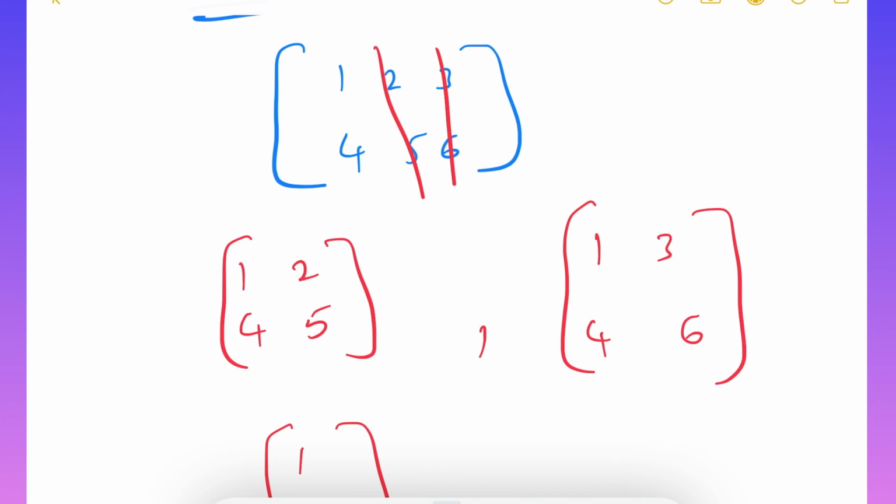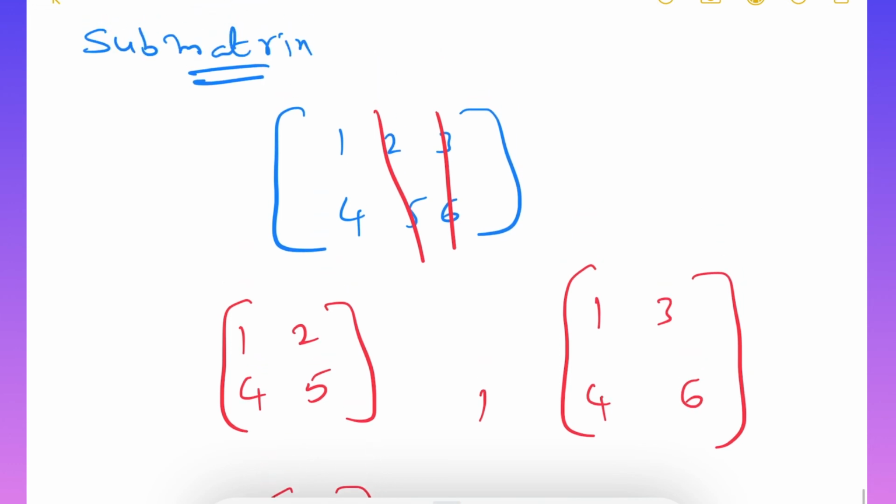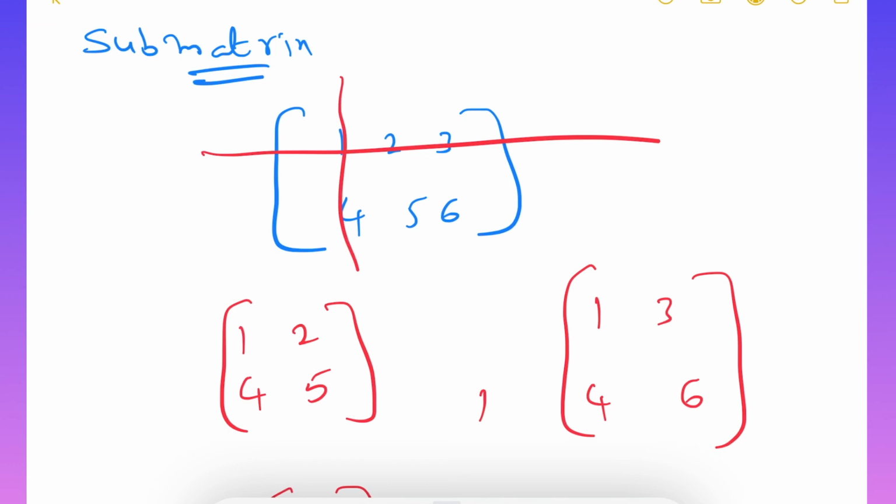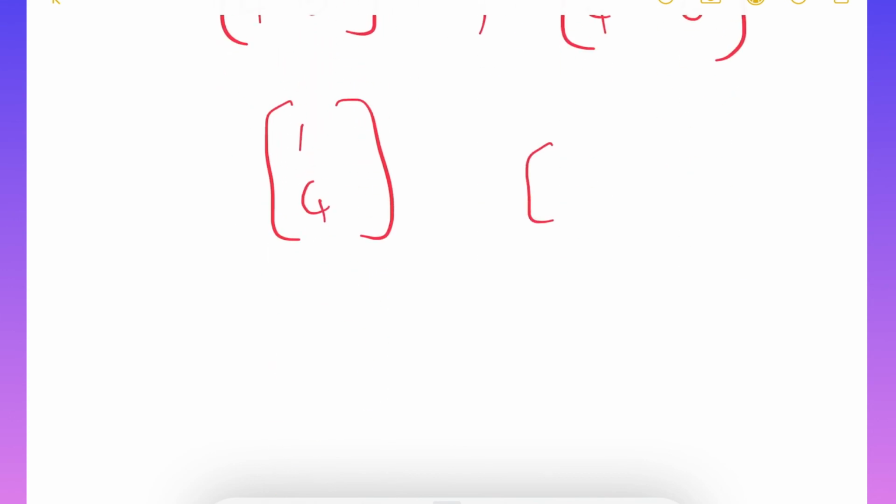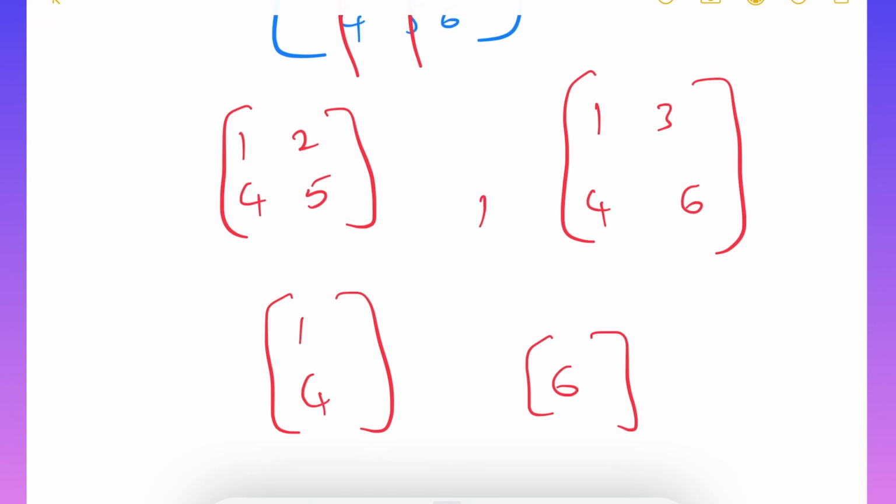For example, for the original matrix, I'll remove the first row completely, then remove the first column and second column. Then we remain with a single element, 6. That matrix also becomes a submatrix of the original matrix.